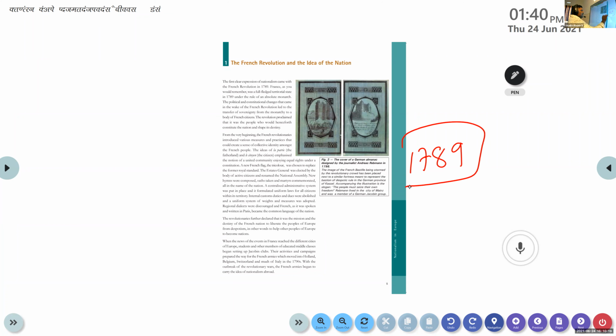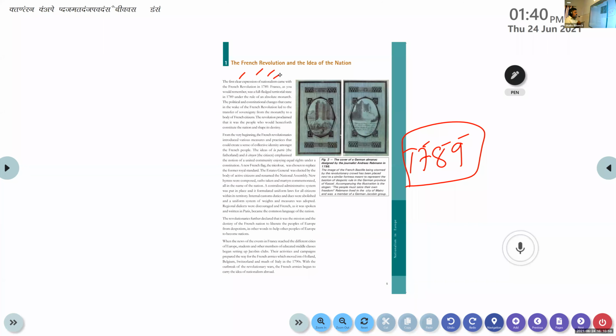Okay. 1789. You don't forget it. 1789, year of the French Revolution. So here the textbook says to us that the first clear expression of nationalism, the idea of nation state, the idea of a sovereign state, emerged along with the French Revolution in the year 1789.